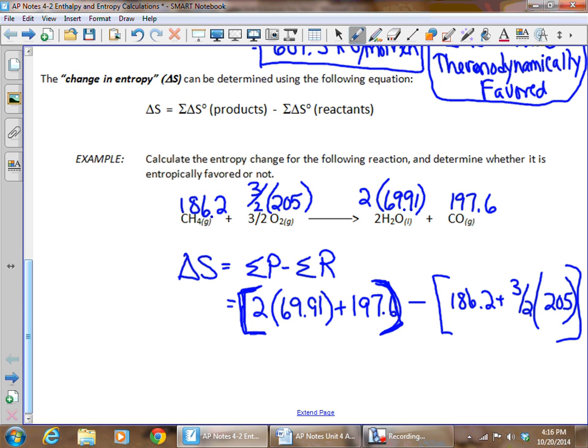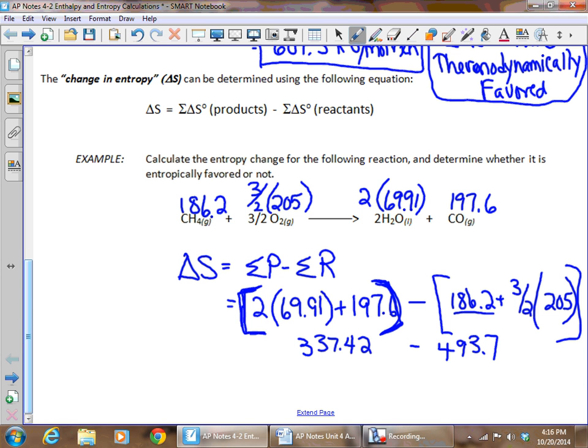When we calculate out this first set of brackets, we get 337.42. And we're going to subtract off then from the other brackets 493.7. Much better to get the total on those brackets first before you do anything else, because otherwise you're going to accidentally subtract the 186.2 but add the 3/2 times the 205. So you'd be much better off to get these values like this first.